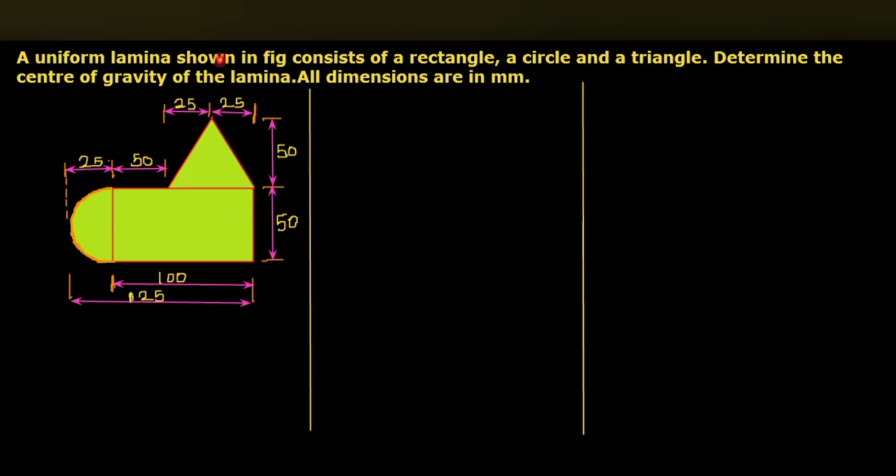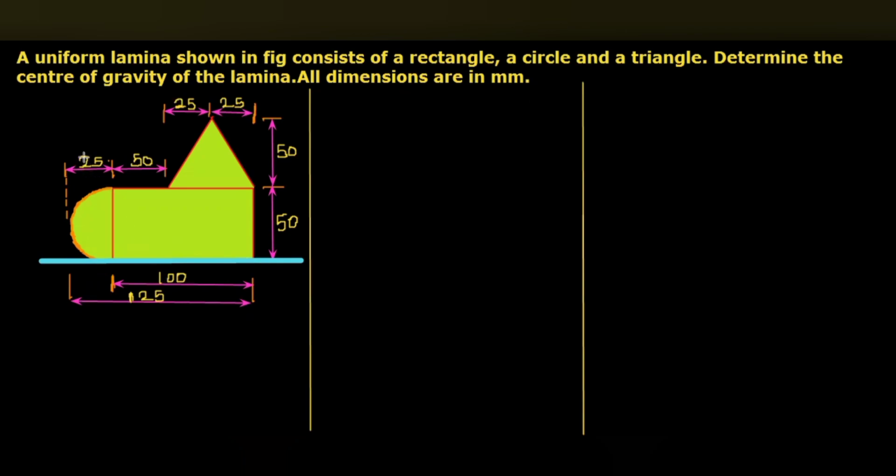For y bar calculation, we will take the bottommost line of the diagram. Here you can see this is the bottommost line. So I have taken that bottommost line as the reference for y bar calculation.